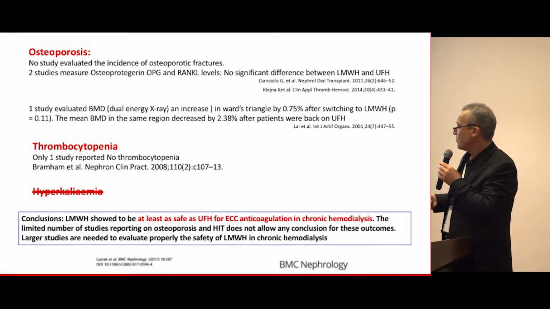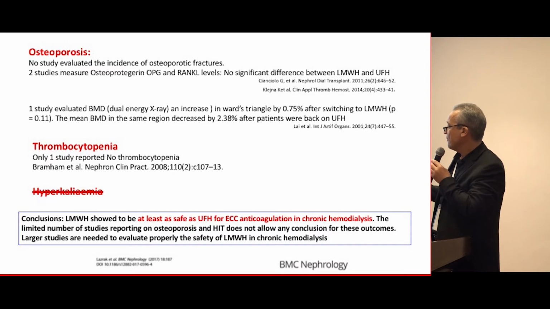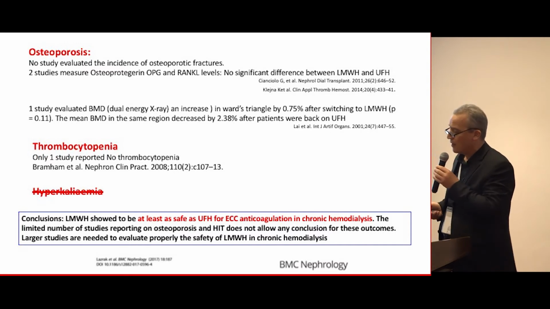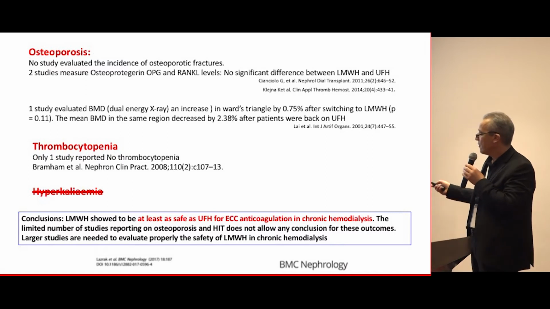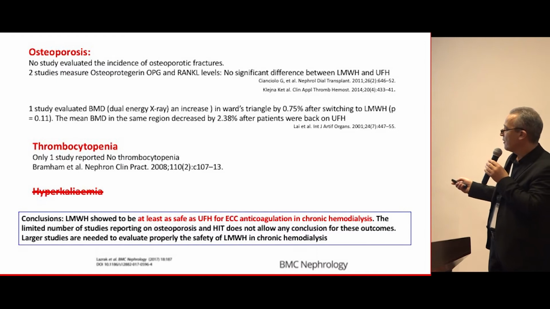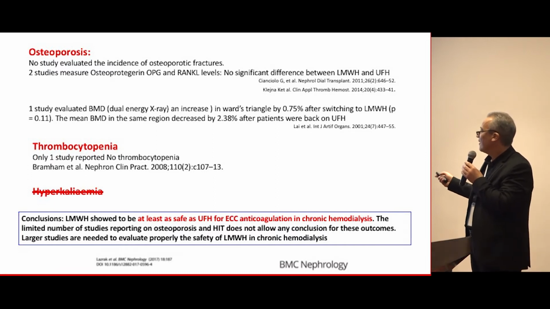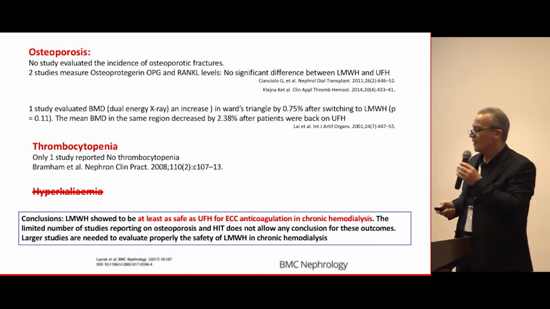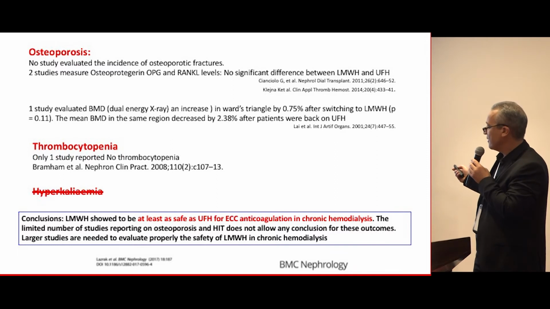For osteoporosis, no study evaluated the incidence of osteoporotic fractures, said this meta-analysis. Otherwise, two studies measured osteoprotegerin and the RANKL level, and there is no significant difference between low molecular weight heparin and unfractionated heparin.